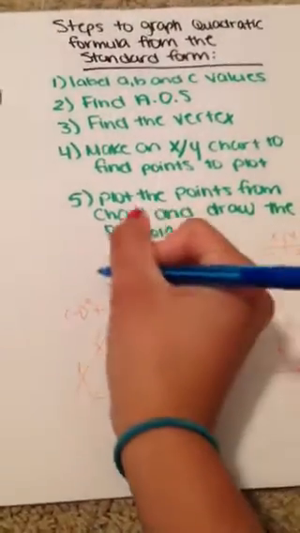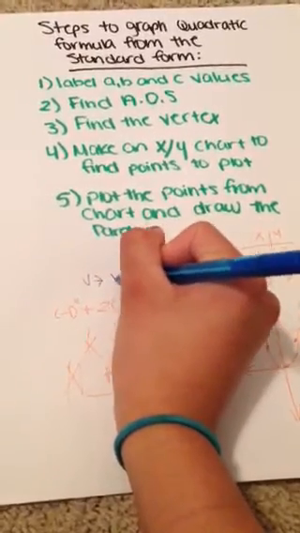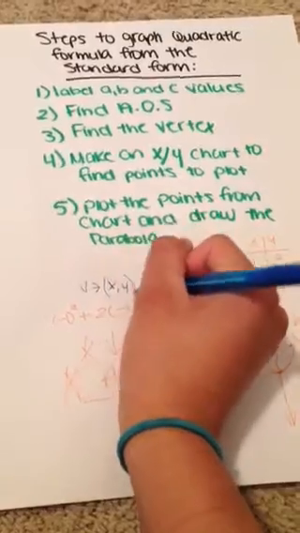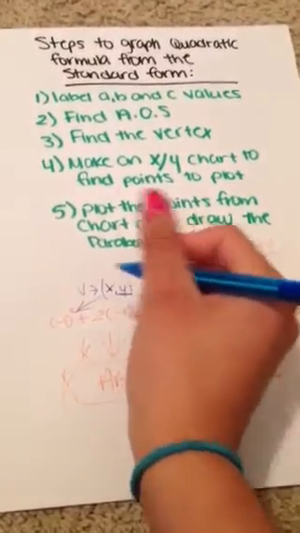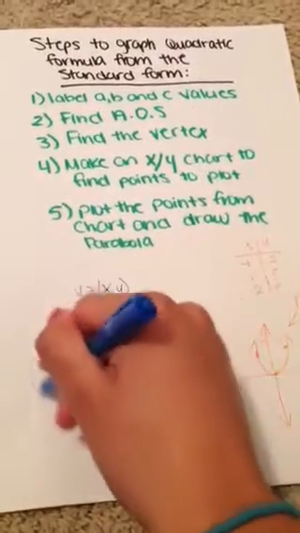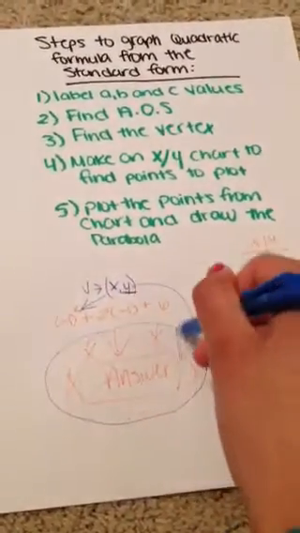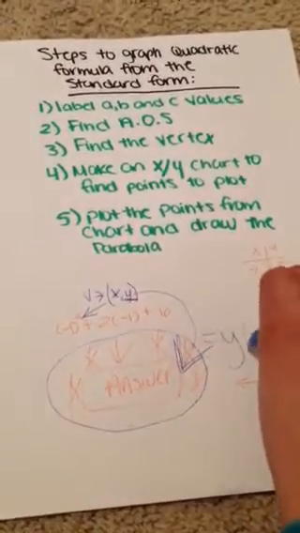Your vertex will always equal x and y coordinates. So if you have the x right here, you need to find the y. That's why you use this equation to get what you're looking for, your y coordinate.